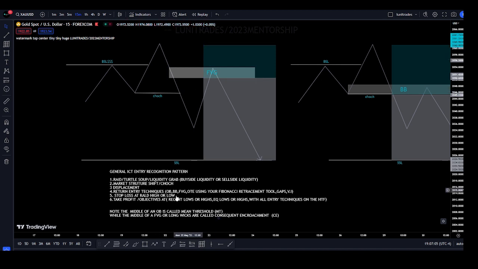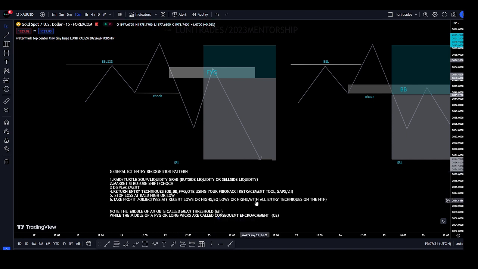And your take profit or objective, that means your target, should be the recent lows, which is sell side liquidity. Recent lows, equal lows or highs. You understand? With all entry techniques of the higher time frame, which I'll be explaining later in some examples.